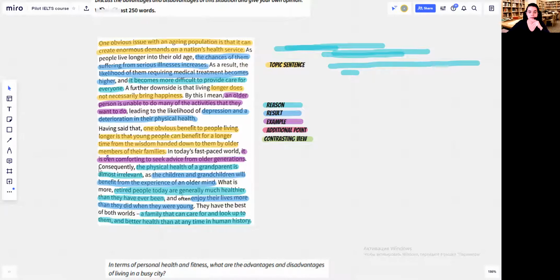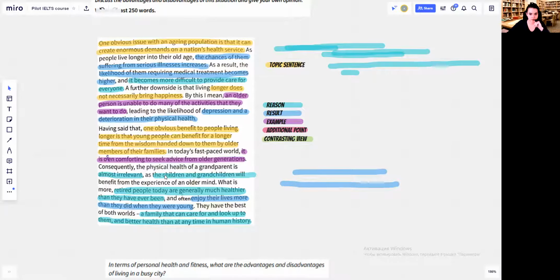Consequently, is a linker of result. The physical health of grandparents is almost irrelevant, as the children and grandchildren will benefit from the experience of an older mind. I am probably colorblind because, again, I confused these two.